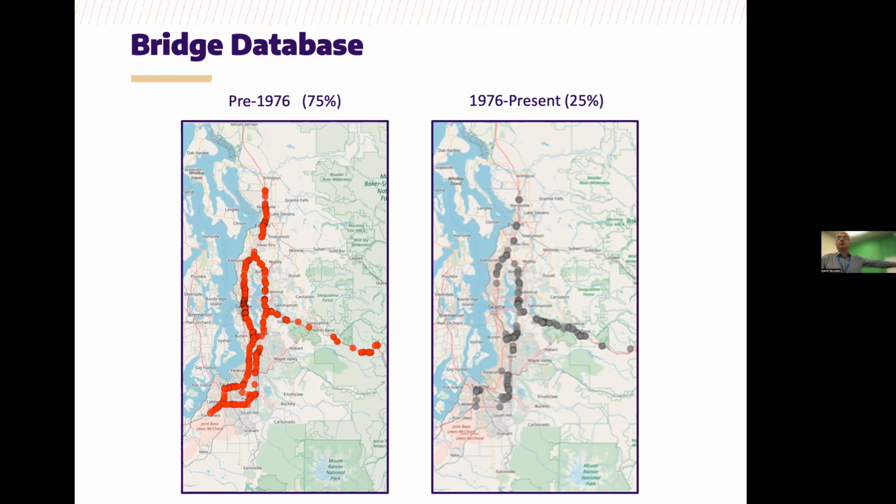And you can see what's common for the United States is on the left-hand side, you have all the dots, which are the pre-1975 bridges. And on the right, you have the newer ones. And because of the construction of the interstate system, most bridges, of course, are old. And that contributes to the uncertainty of what's actually being built.